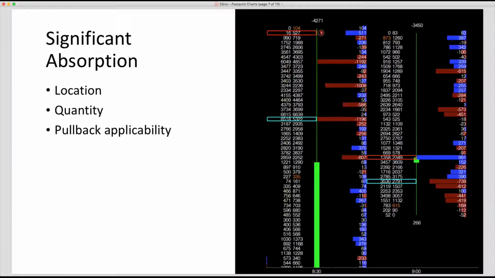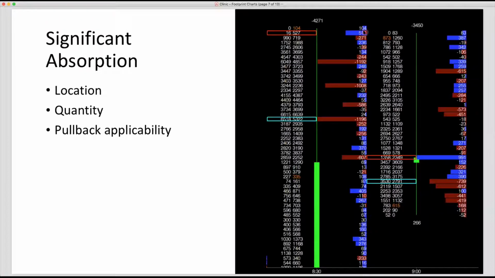That's pretty significant. It's also important to understand, on the product that you're trading and on the time frame, the candles that you're trading, how much volume being absorbed is significant. Now, typically at the edge in ES, anything 400, 500 contracts upwards is significant.